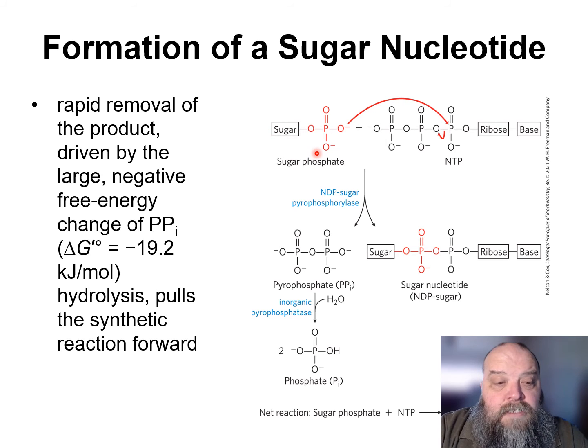So you have the sugar phosphate. Okay. You have your nucleotide triphosphate: 1, 2, 3 phosphates, ribose, base. So we have here our G1P.